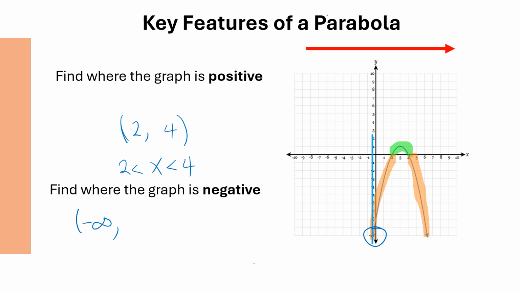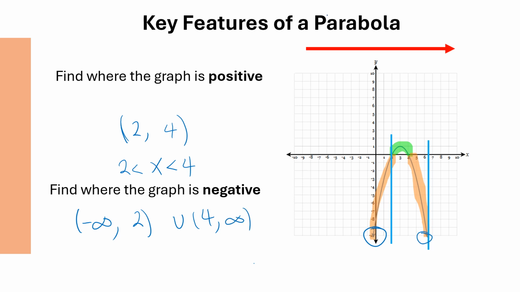And move your pencil towards the right, and it's going to stop at 2 for the first portion of the graph. And then for the second portion, you're going to say union, and it's going to start at 4. And then it stops on the arrow on the right side, so it ends at positive infinity.